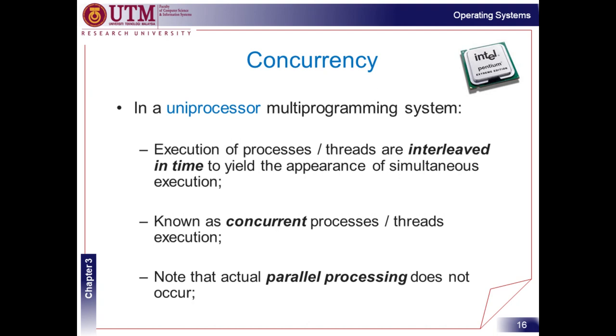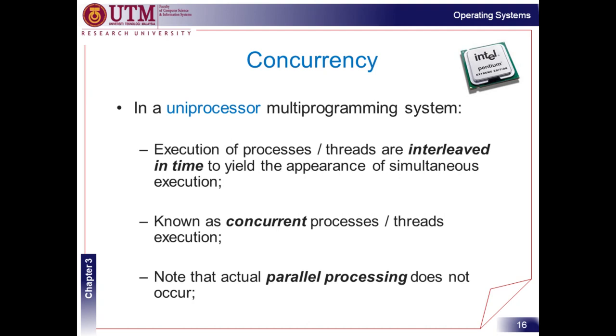The operating system manages the scheduling of the processes or threads and allocates them to the processor. When the processor switches between different processes or threads, it creates the illusion of simultaneous execution. This is known as concurrent execution.